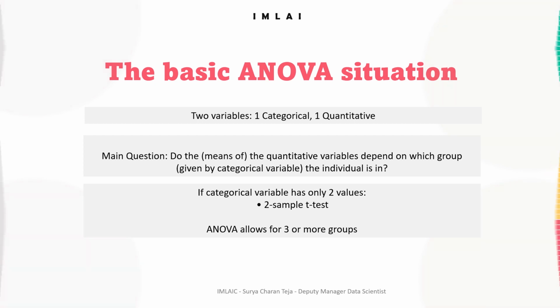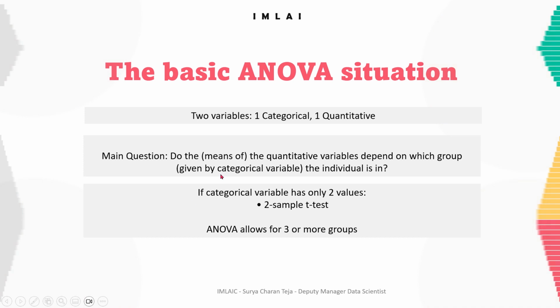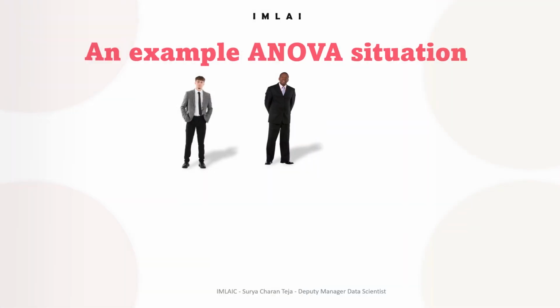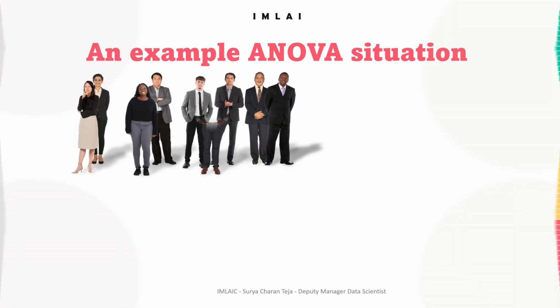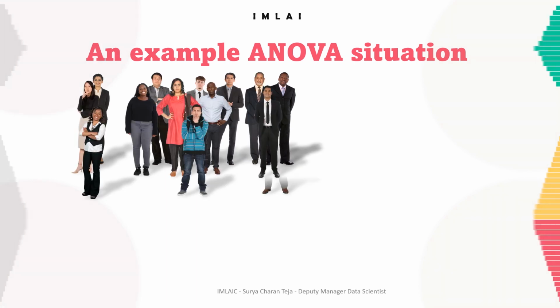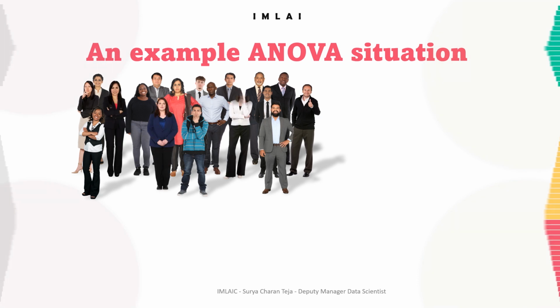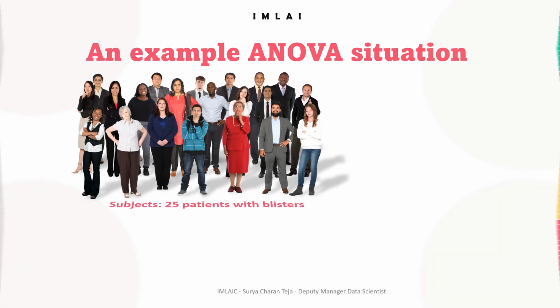Because of some excitement I am trying to explain ANOVA now, but let's go step by step. If any categorical variable has three or more groups in it, then we will use ANOVA. This is clear for now. Now let's move ahead.